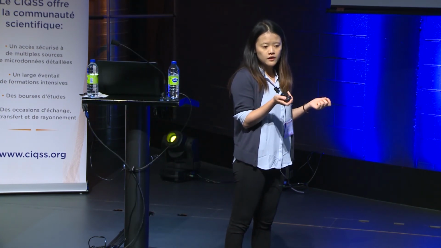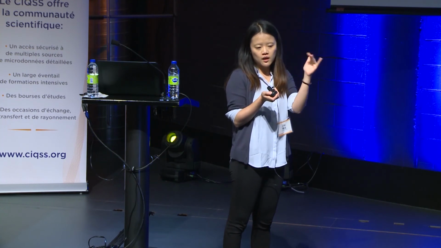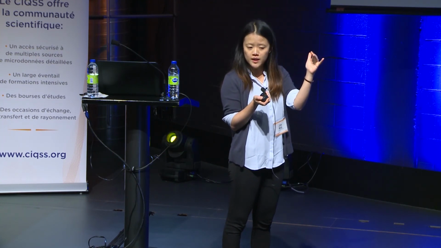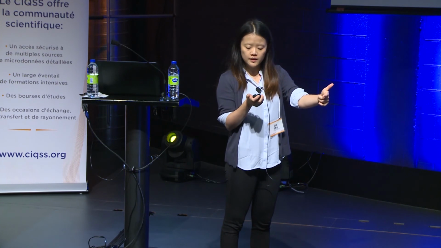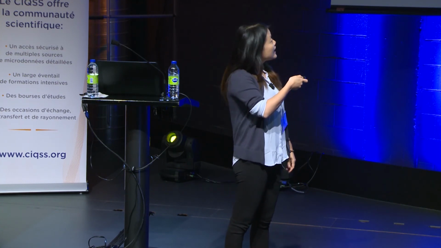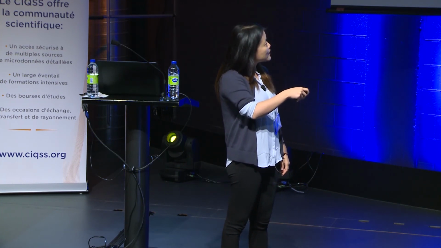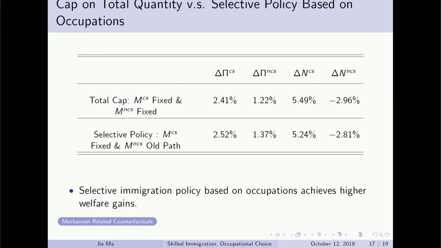So I compared a cap on the total number of skilled immigrants versus a selective immigration policy. For this selective immigration policy, I only restricted the number of immigrants in the computer scientist sector to its 1994 level because there is imperfect substitutability in this sector. I allow the number of workers in the other STEM sectors to come into the United States as in the data.